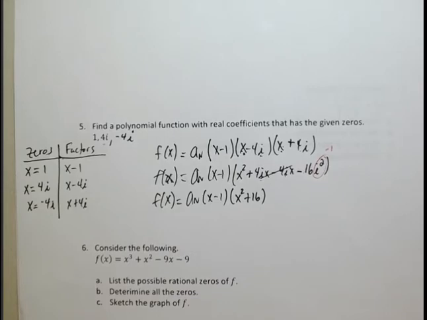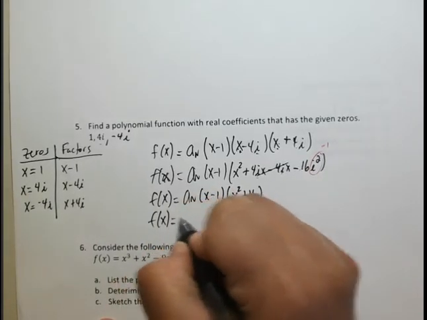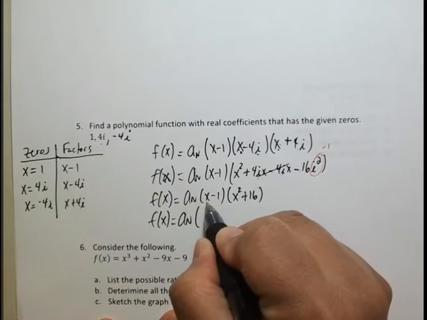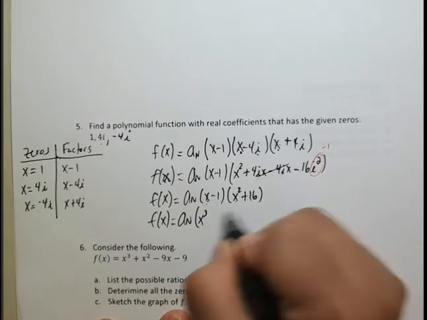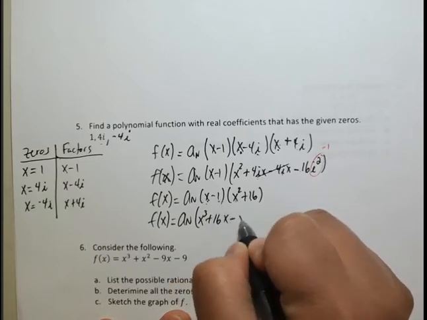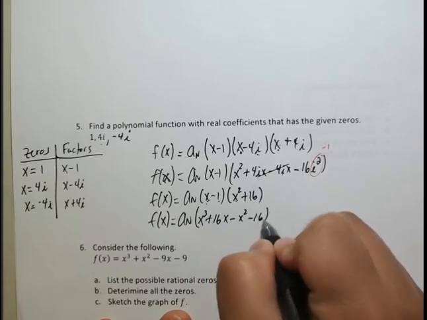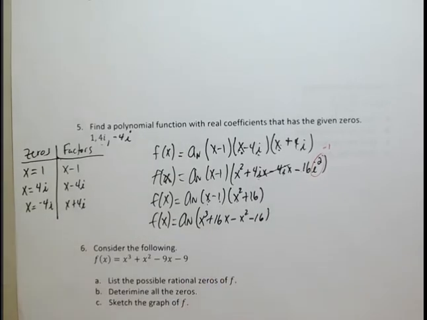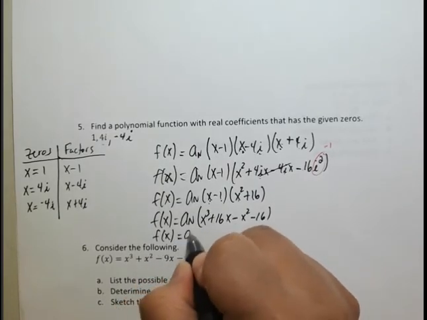Then we're going to multiply the next factor. X times x squared is x cubed. X times 16 is 16x. -1 times x squared is -x squared. -1 times 16 is -16. I like to have them in order and combine our like terms, of course.